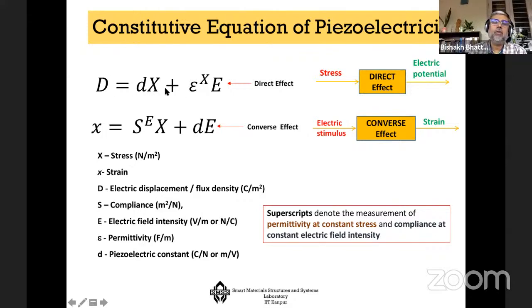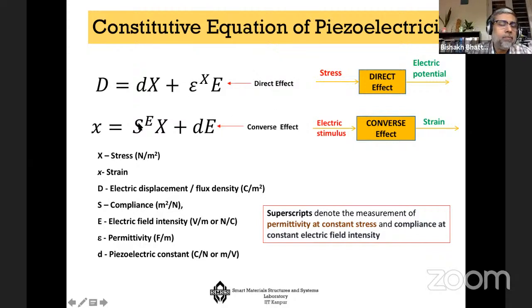We know that happens for materials like capacitive or dielectric materials. But in this case, if you apply mechanical stress, this X is the stress, you are going to get electric displacement, or some charge is going to accumulate. That is the direct effect, stress creating electric potential.